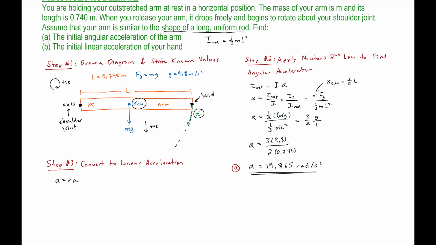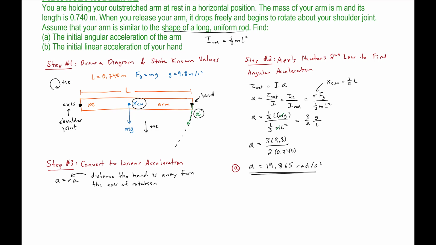So the R here now represents the distance the hand is away from the axis of rotation. So it's very important to know that R might change depending on what you're looking at. So here we're looking at the hand. It's now at a length of L from the shoulder joint.